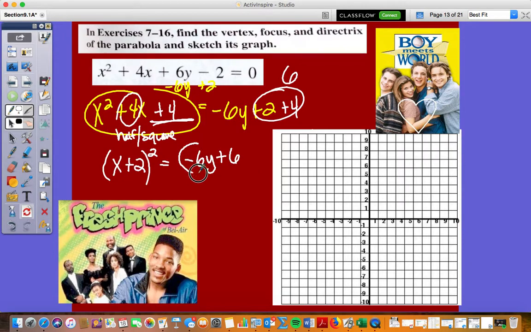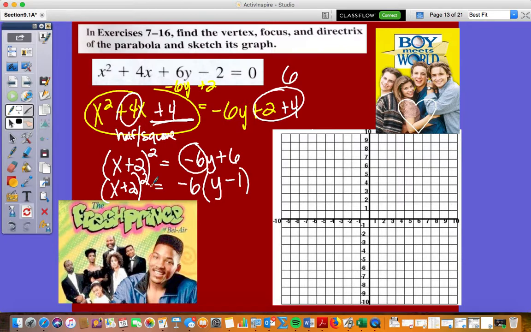And because this y has a negative in it, take it out, make it negative 6. So we're going to make this negative 6 times y minus 1. Good, Hannah. So this is going to be x plus 2 squared equals negative 6 times y minus 1. Okay? Takes it just a step above.